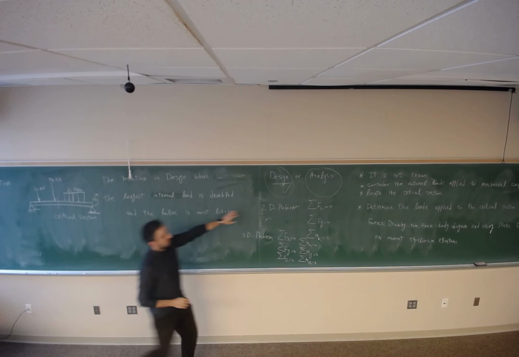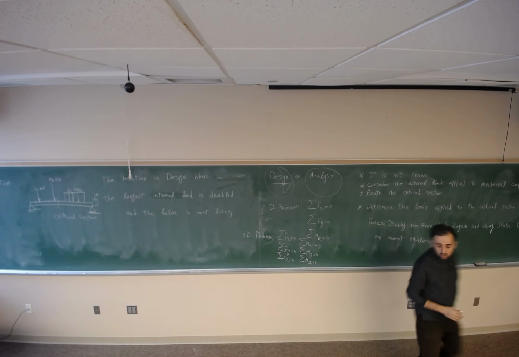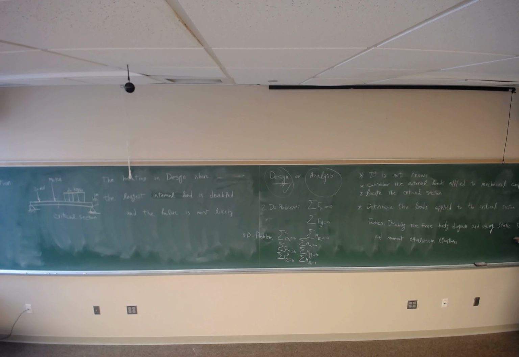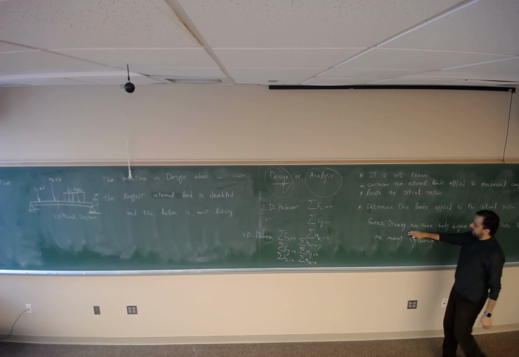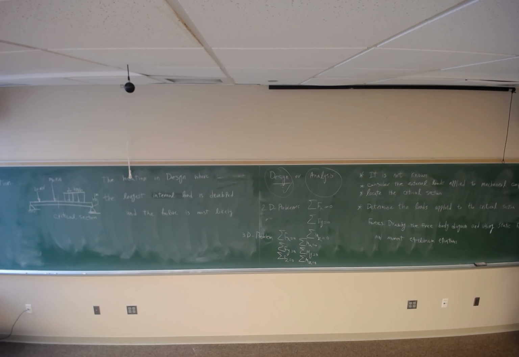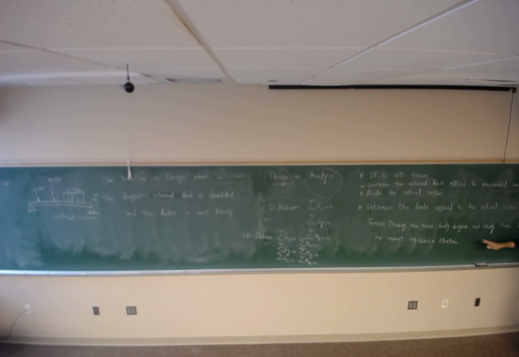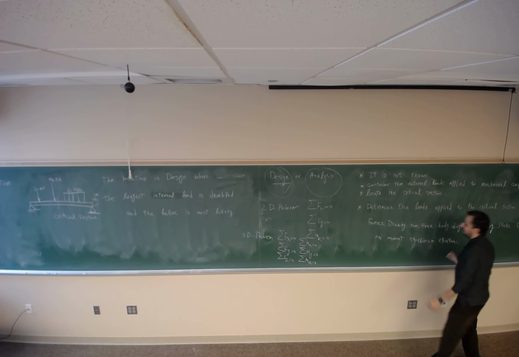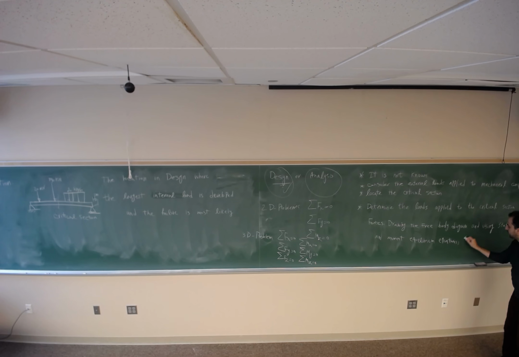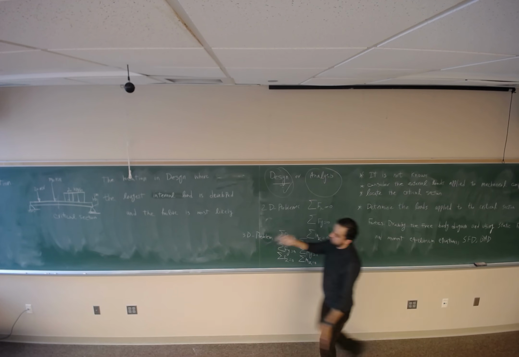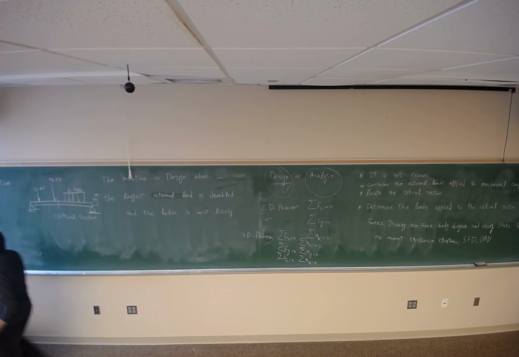Either way, either 2-dimensional or 3-dimensional, we are going to use these equations. First, we are going to do the free body diagram and apply these equations to find the forces. For beams, you can use the shear force diagram and the bending moment diagram to find the shear force and the bending moment applied at the critical sections.